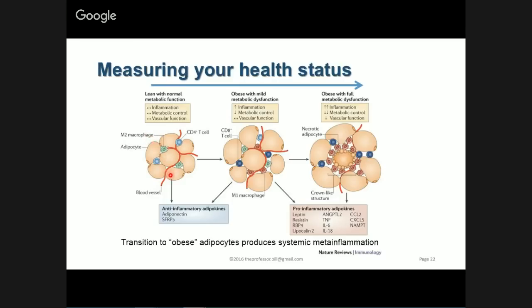The adipocytes, by the way, the ones that you see here, are actually helping you not to have inflammation. They're controlling the inflammatory response if you are a normal individual with normal metabolic function. These adipocytes are actually secreting anti-inflammatory cytokines, which we call adipokines. They are secreting things like adiponectin, and they are secreting things like SFRP5. And that's controlling your inflammation rates.